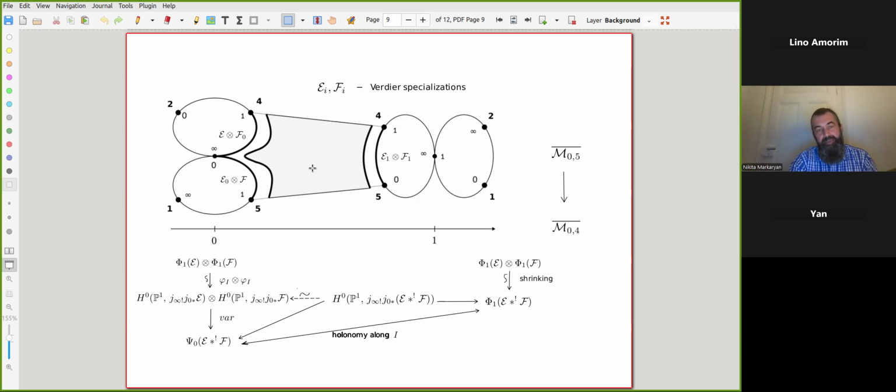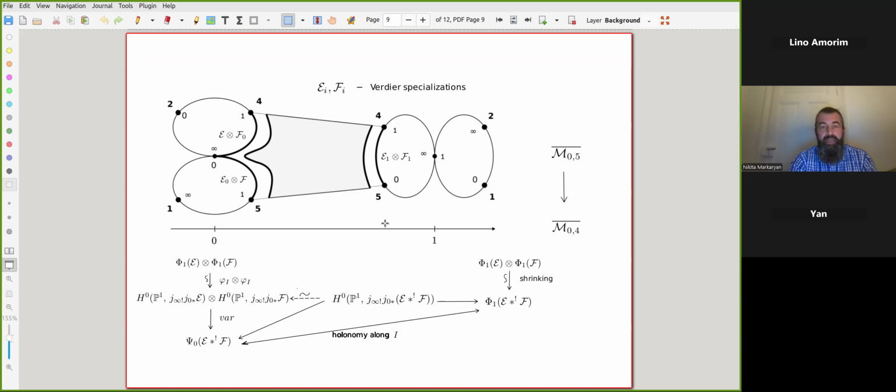So in a nutshell, what I want to say is that there is a vanishing cycle near 1, which is presented by this interval, and it gives one isomorphism between the vanishing cycle of the convolution and the product of vanishing cycles.